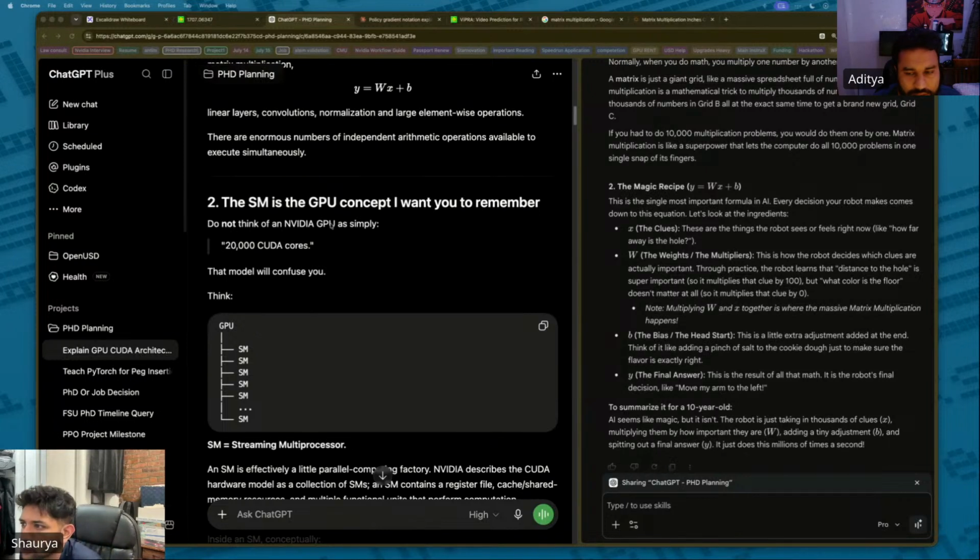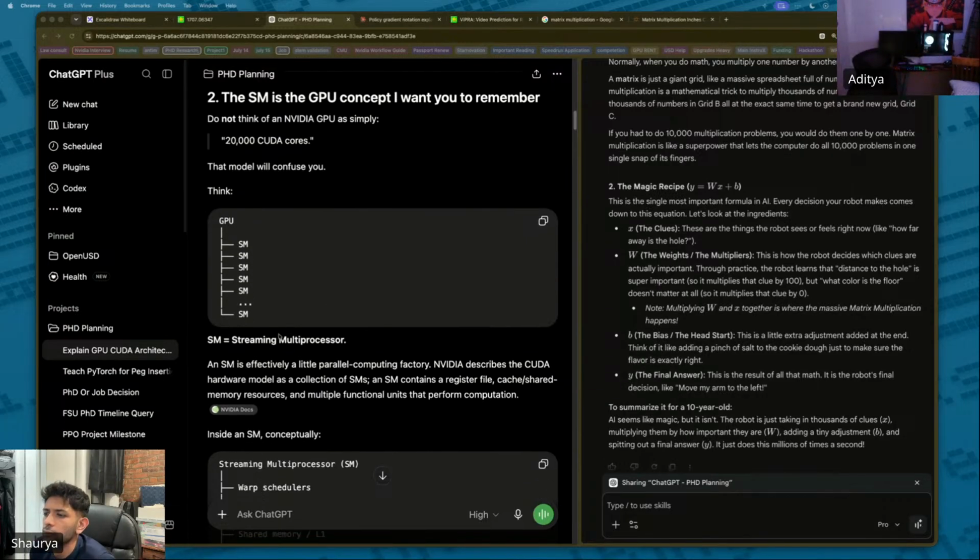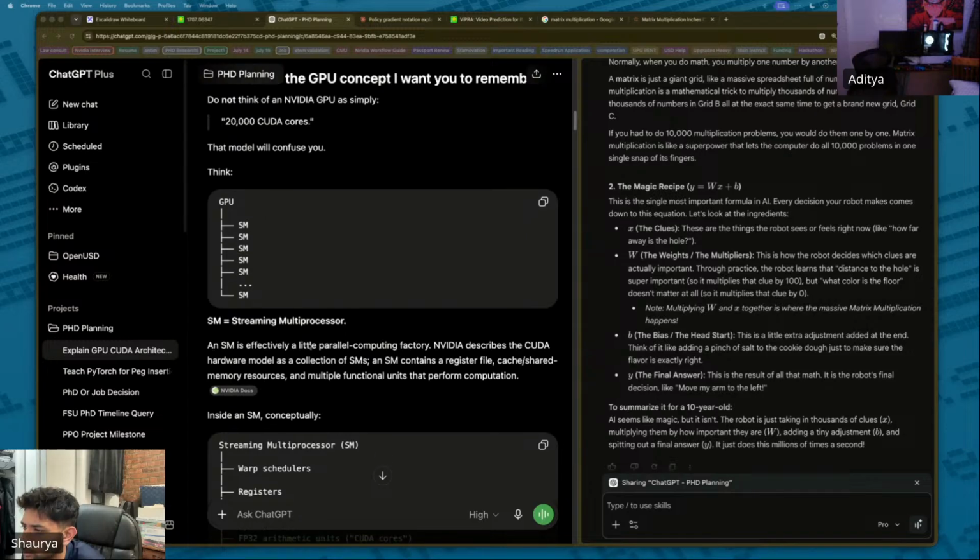The SM is the GPU concept I want you to remember. Do not think of an NVIDIA GPU simply as 20,000 CUDA cores. That model will confuse you. Think of the GPU as SMs, streaming multiprocessors. An SM is effectively a little parallel computing factory. NVIDIA describes the CUDA hardware model as a collection of SMs.